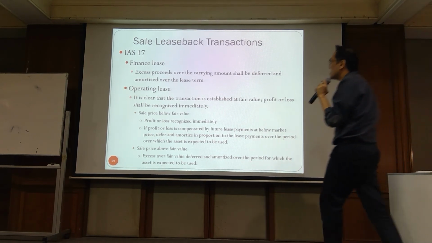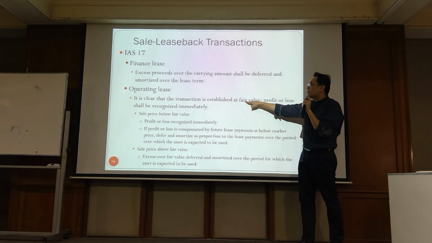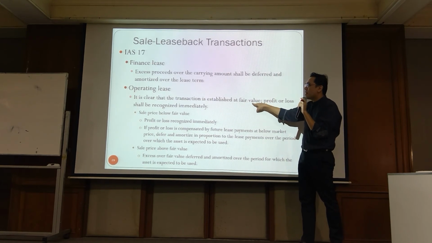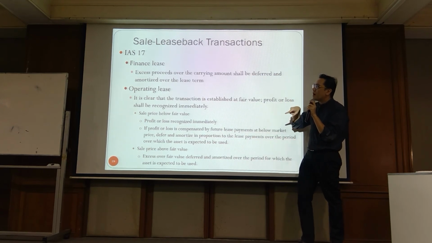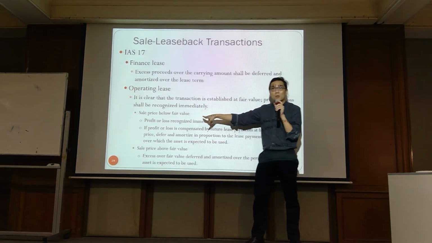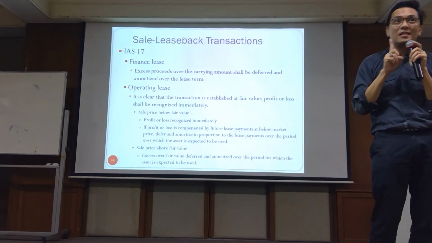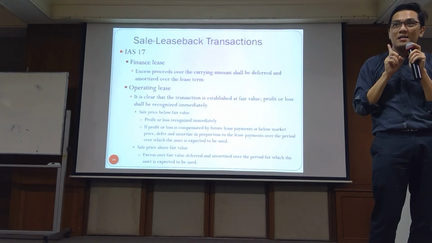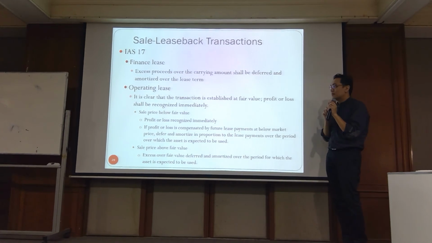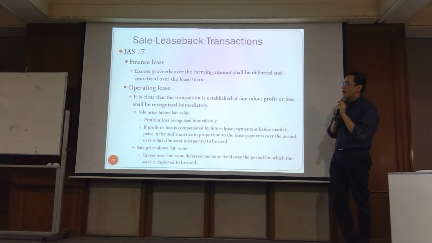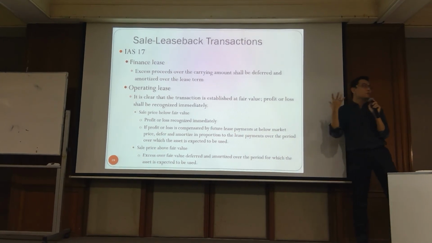For an OL, the transaction is at fair value. And if the sales price is below fair value, what is that supposed to mean? It looks like you recognize a loss when you make the sale. You suffer from a loss. And of course, profit and loss are recognized right away. That's the rule when we classify.